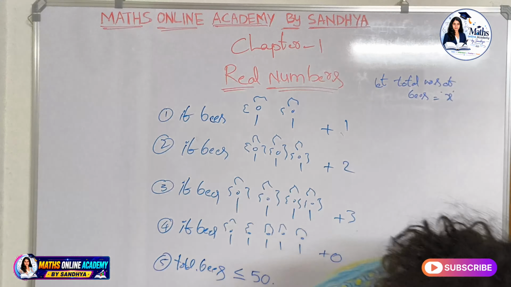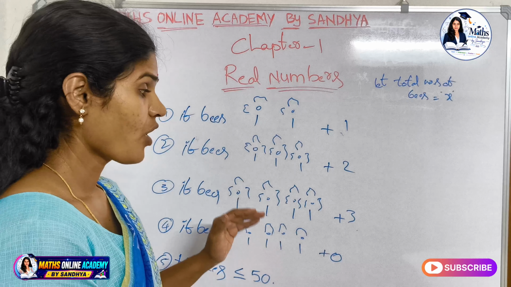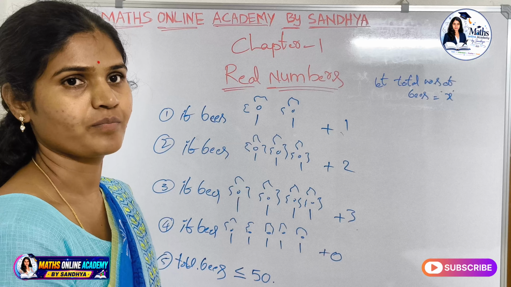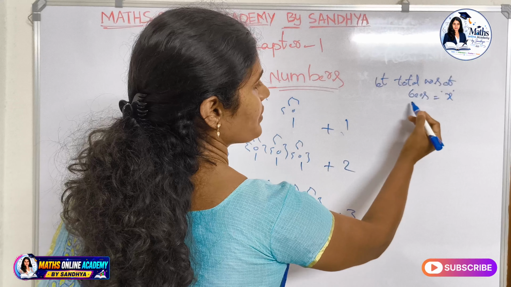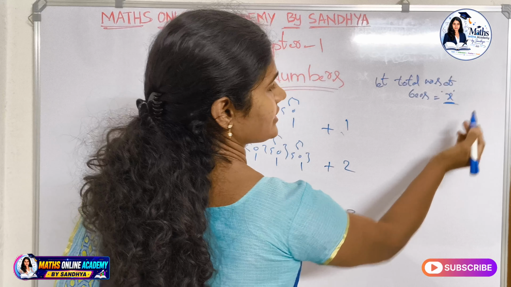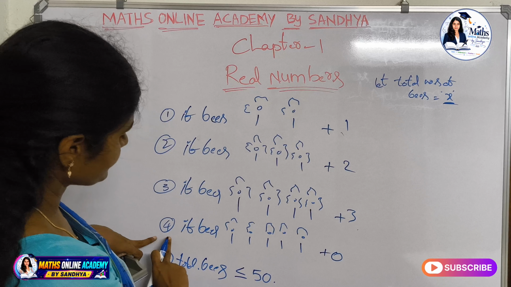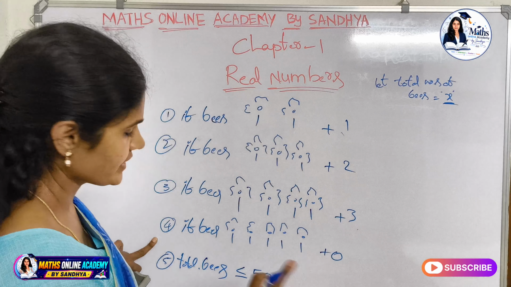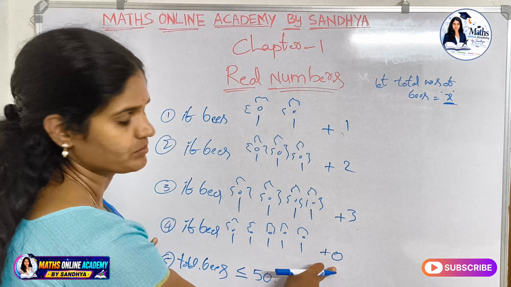Let's solve. What is the question here? How many bees are there? That is the question. So, let's assume total number of bees equal to X. In the 4th condition, if bees sit on 5 flowers, nothing is left.